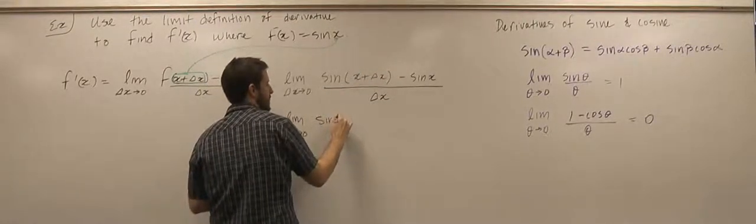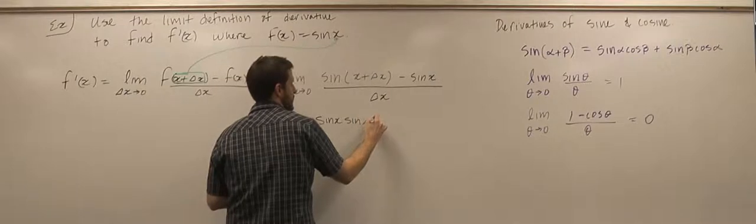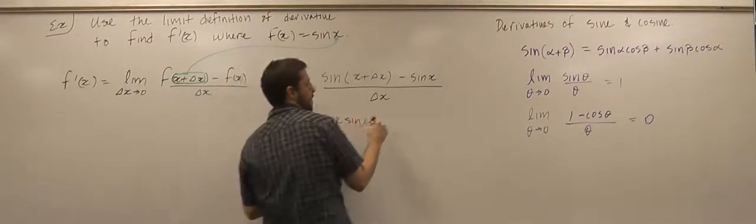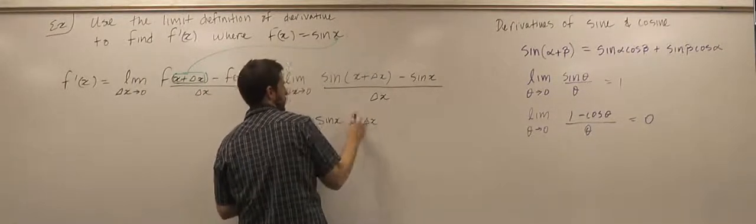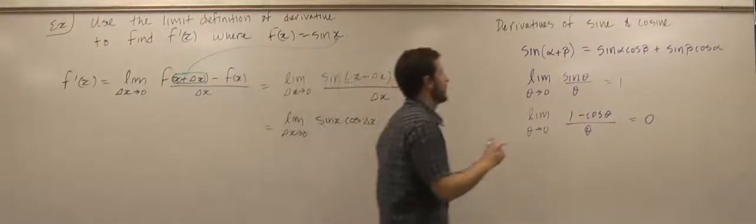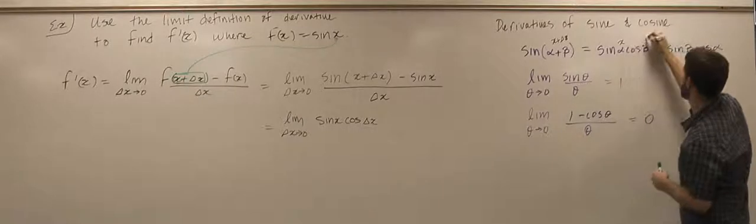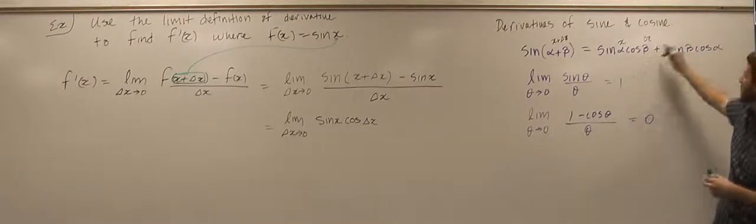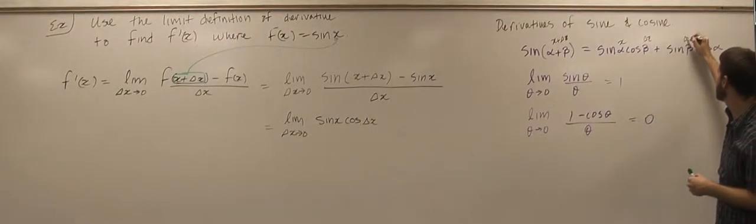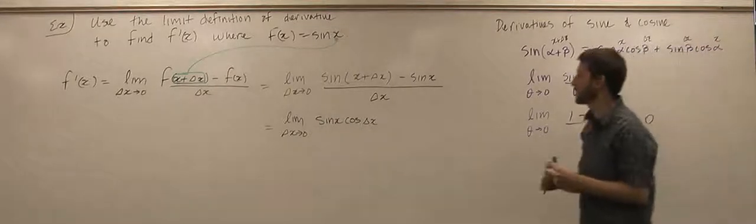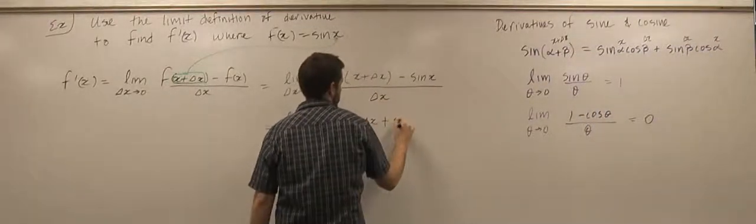It'll be sine x, cosine delta x, and then sine delta x, cosine x, minus sine x.